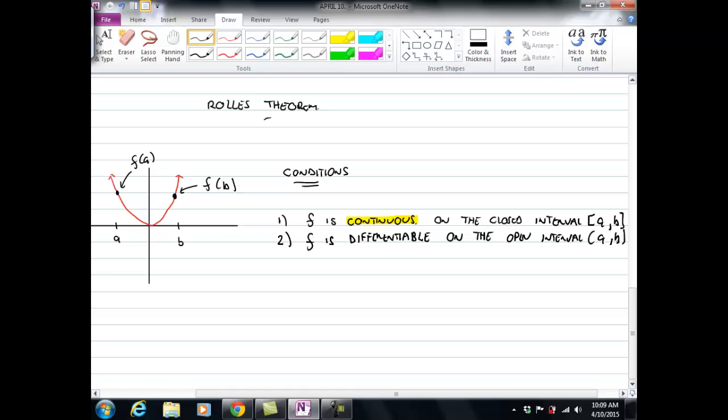So when I take the derivative, I don't need to use the endpoints. I just need to know that it's differentiable, which means I can take the slope of it. And finally, here's 3: f(a) equals f(b).